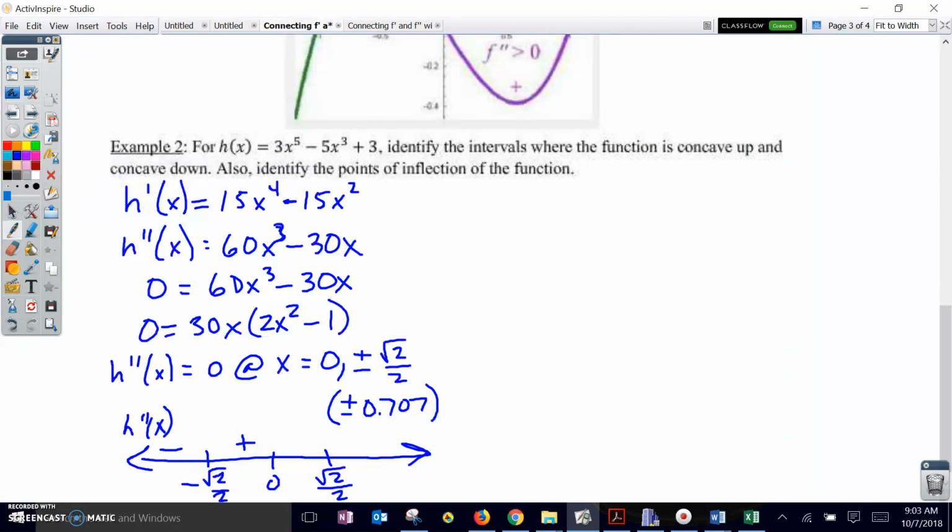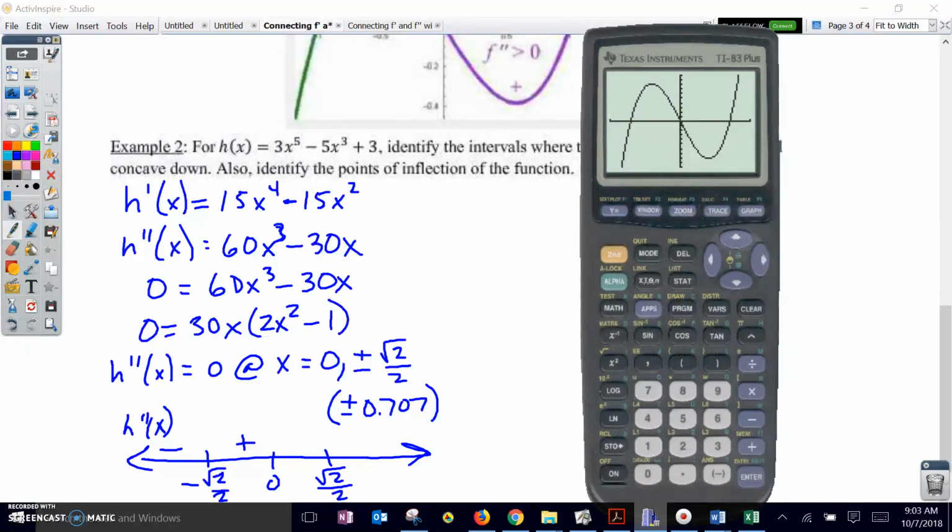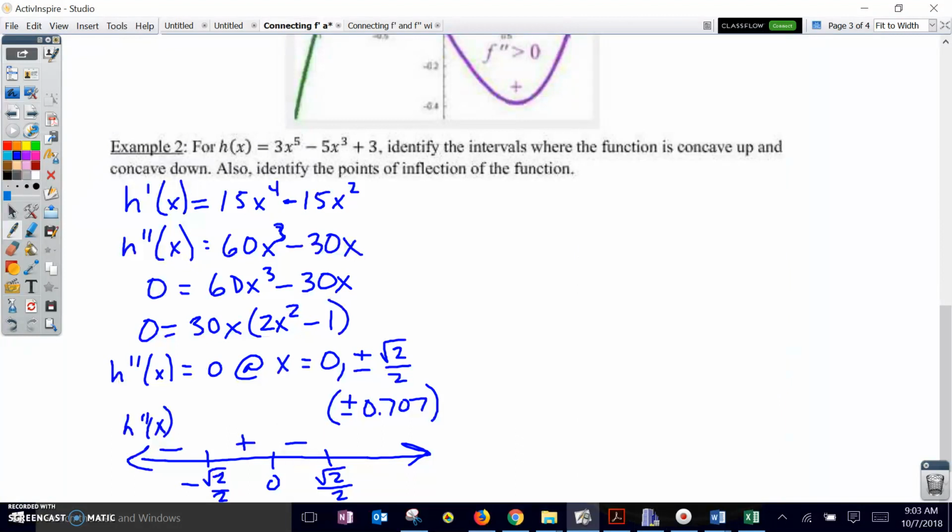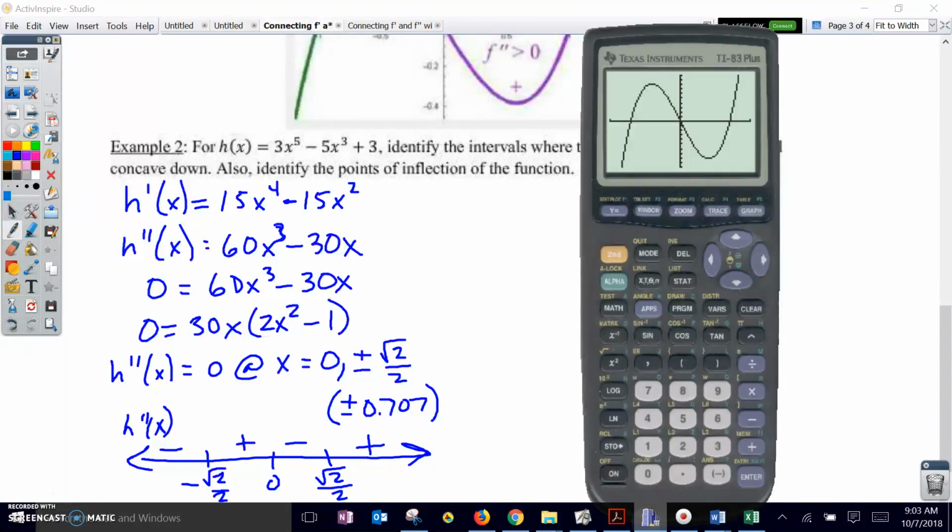And then it's positive from negative root 2 over 2 to 0, and then it's negative, and then it's positive. And you can see all of that by just looking at the graph. This is a graph of the second derivative, so wherever it's below the axis, it's going to be negative on our sign chart. Wherever it's above, it's going to be positive.